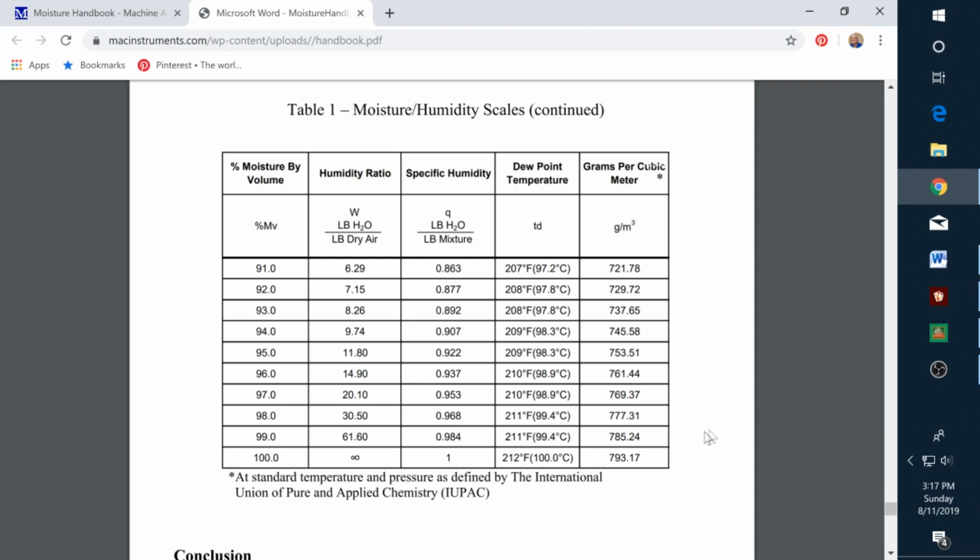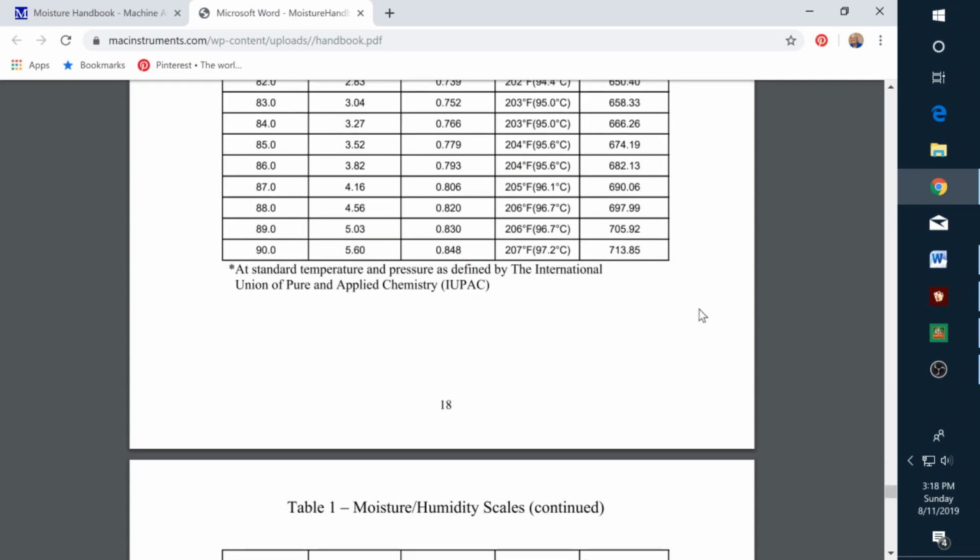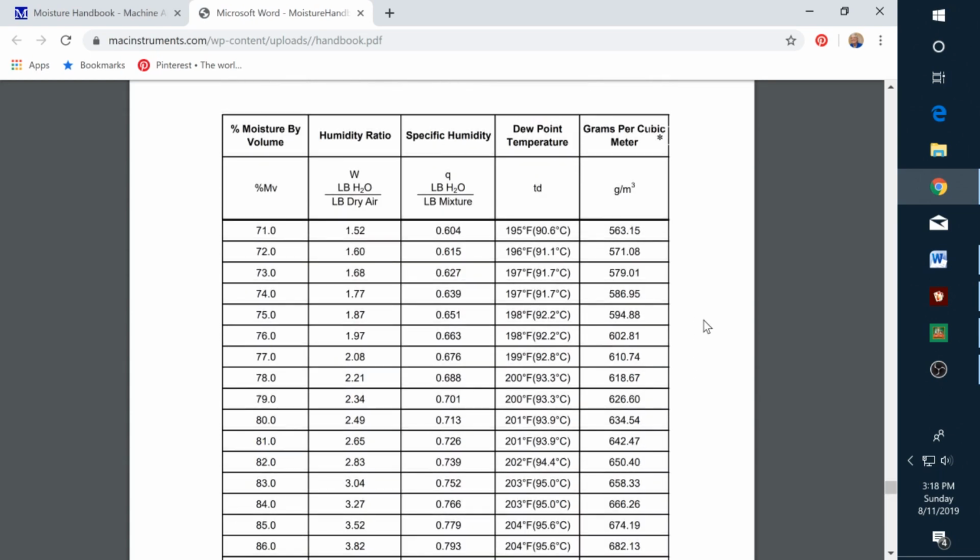Now the grams of moisture per cubic meter, which some people call the absolute humidity, is a very cumbersome thing to me, at any rate.